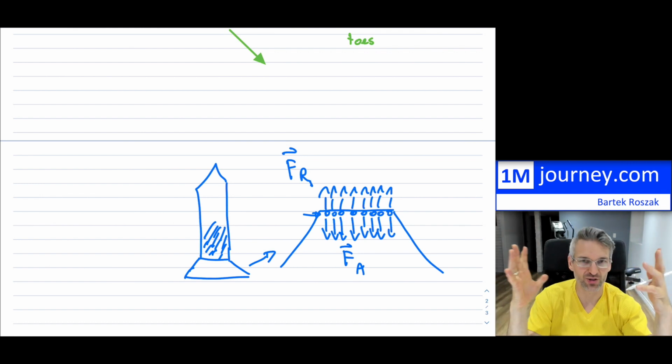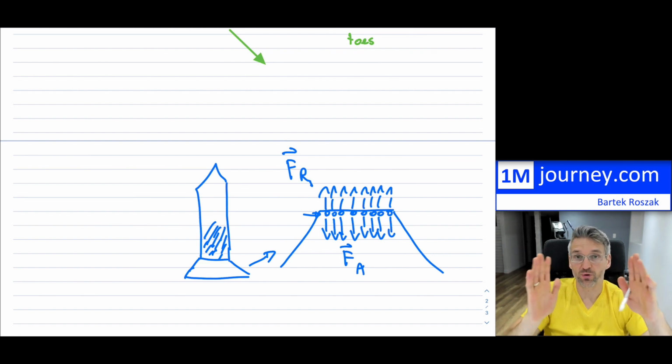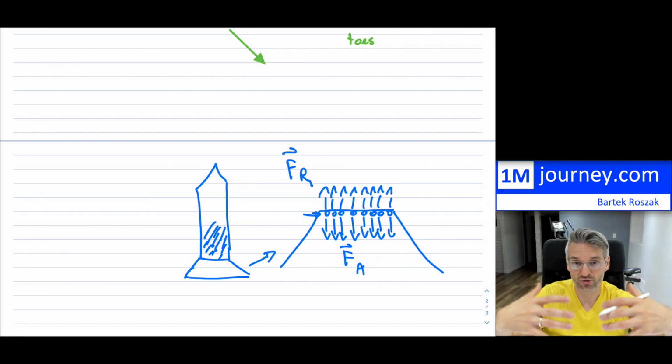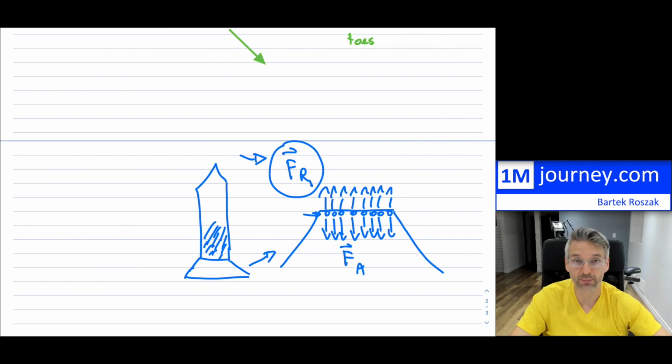Now the rocket is huge, but if you burn enough, and you want to be accelerating this rocket upwards, you have to overcome gravity. So it has to be stronger than gravity, which is trying to bring you down. So this force of reaction will become your applied force on the rocket.